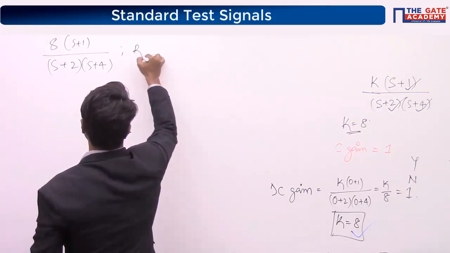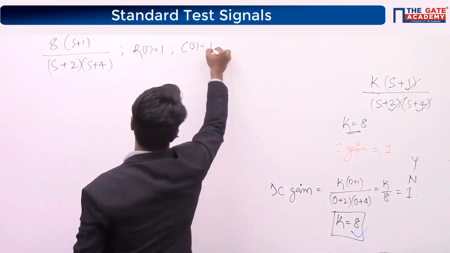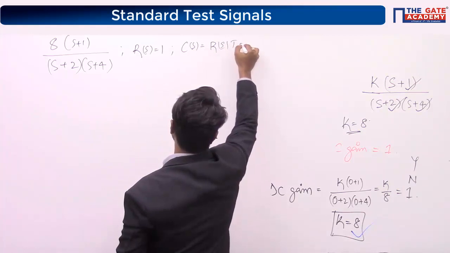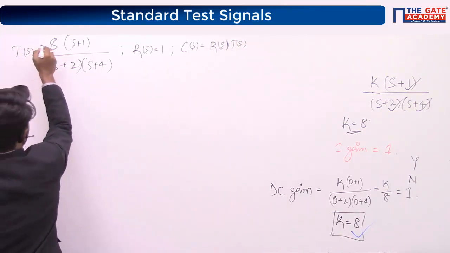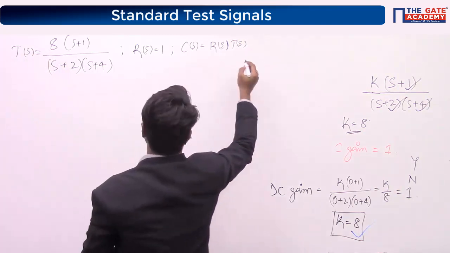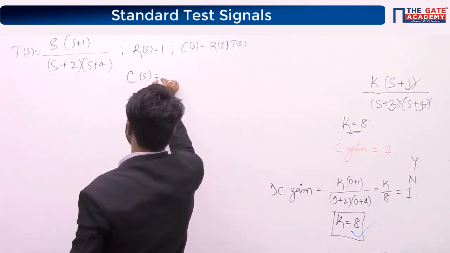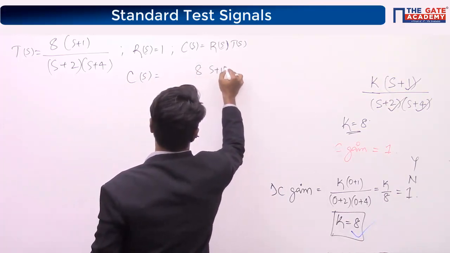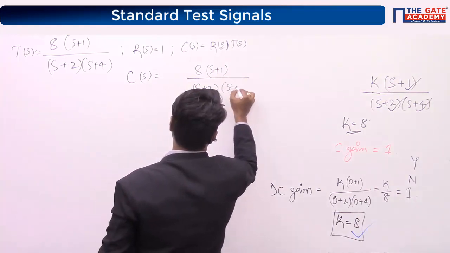Therefore, R of S is equal to 1. Therefore, C of S is equal to R of S multiplied by the transfer function T of S. So C of S is equal to 8 into S plus 1 divided by S plus 2 into S plus 4.